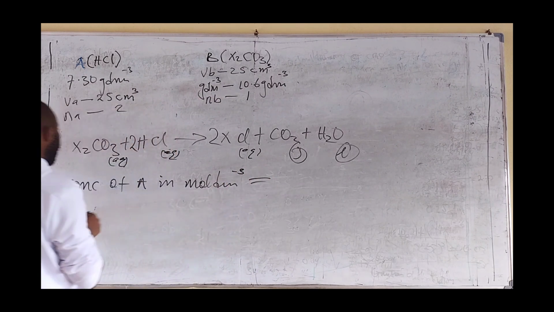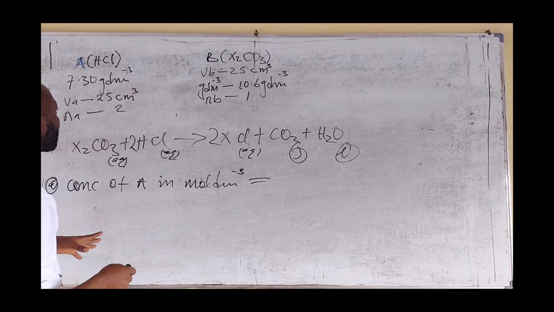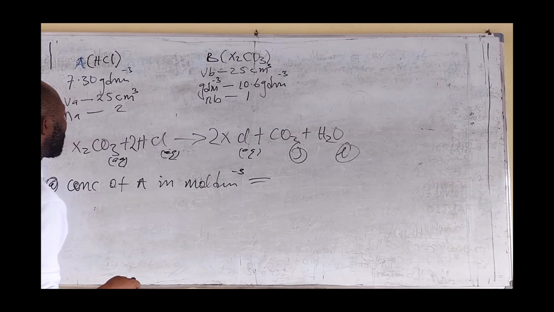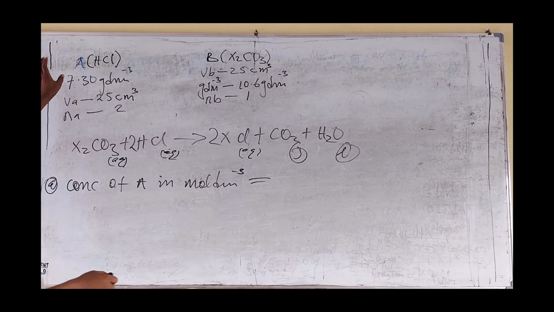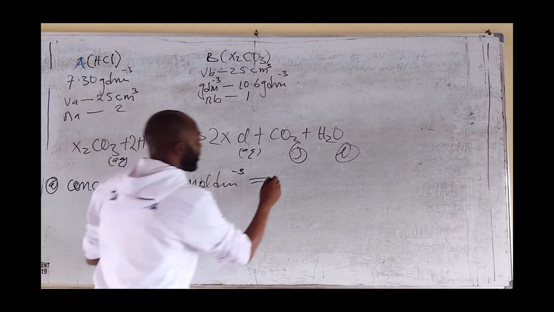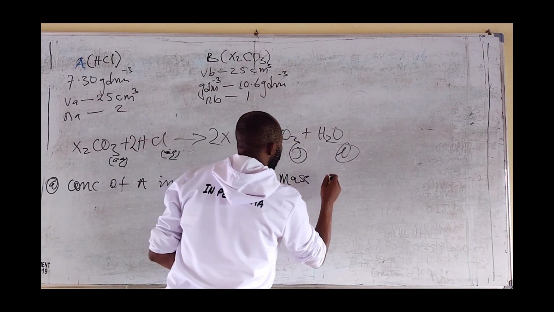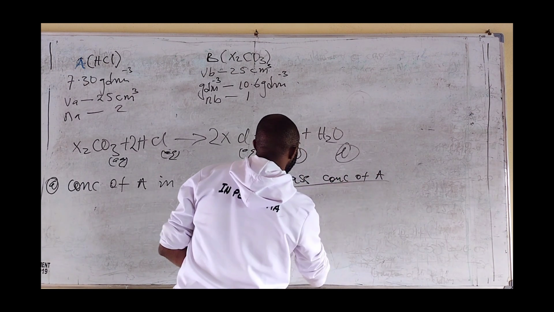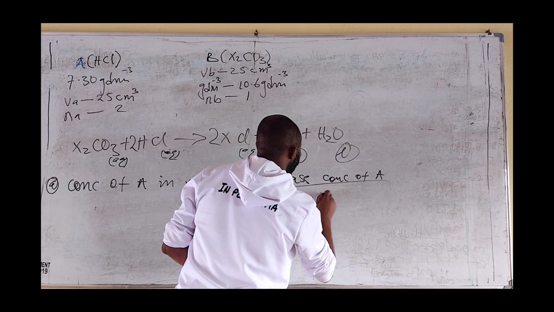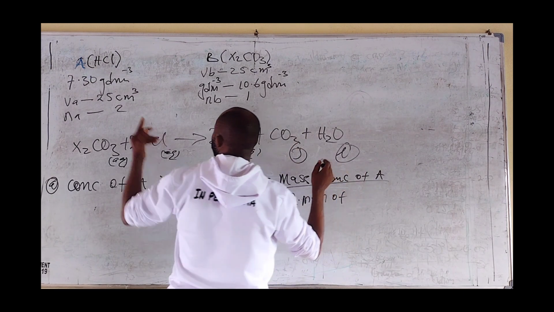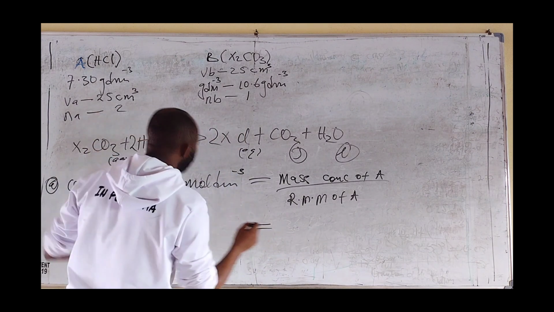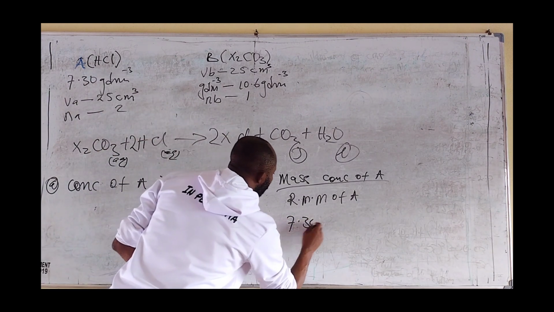From what we have here, concentration of the acid in mole per dm cube is always going to give us the mass concentration over the relative molecular mass. So we can actually get that. So we have mass concentration of A over relative molecular mass of A. And this is equal to, the mass concentration of A is given to be 7.30 g/dm cube.